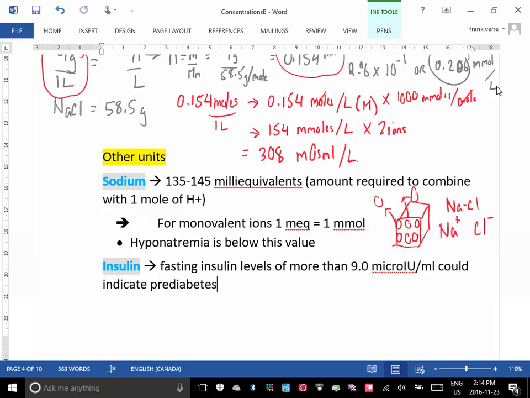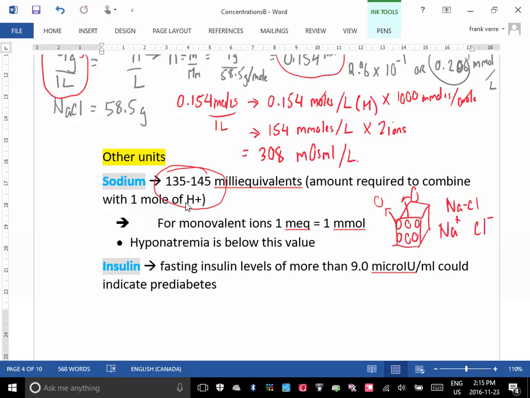So how many of you, when you pick up a can of something, you look at the sodium levels? Yeah. So the sodium levels, what's normal is a range of about 135 to 145, what are called milliequivalents. A milliequivalent is the same as a millimole. Okay? So the same as a millimole.